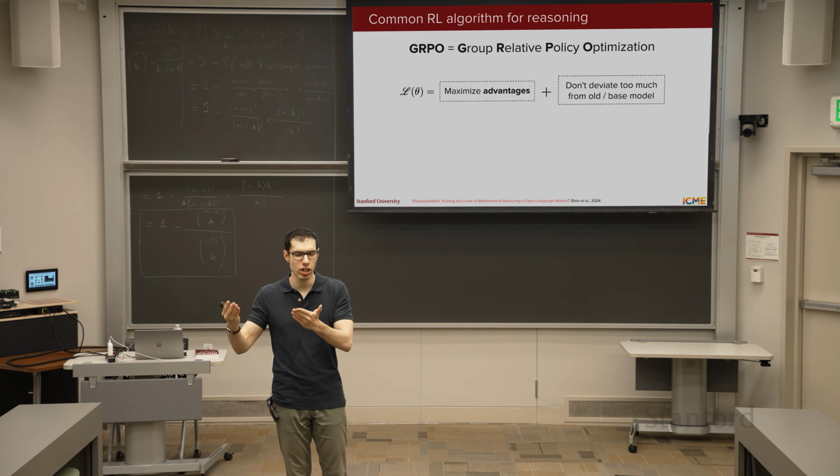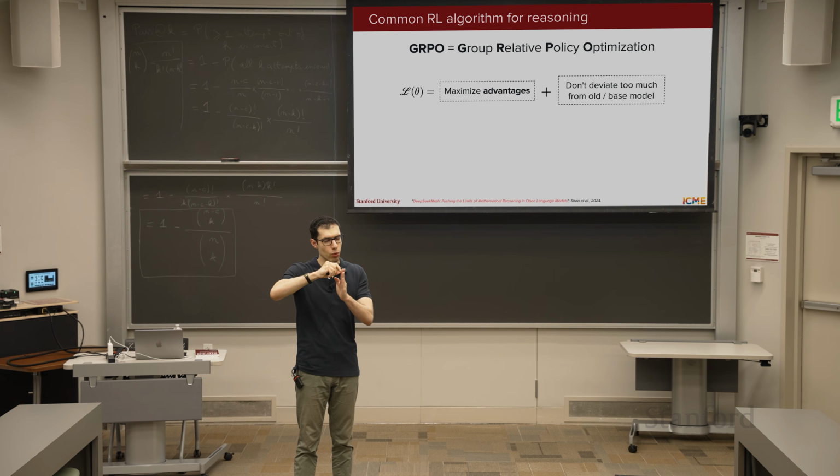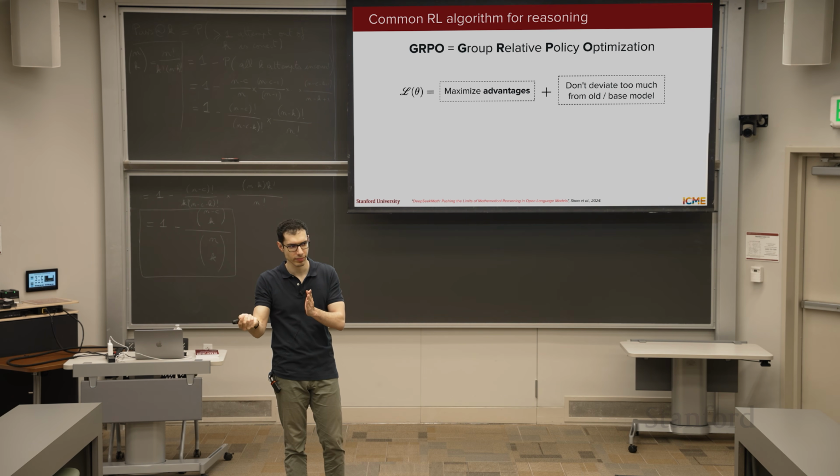The value function's objective was to try to predict what that reward would be if we were to continue generating the tokens following the policy.